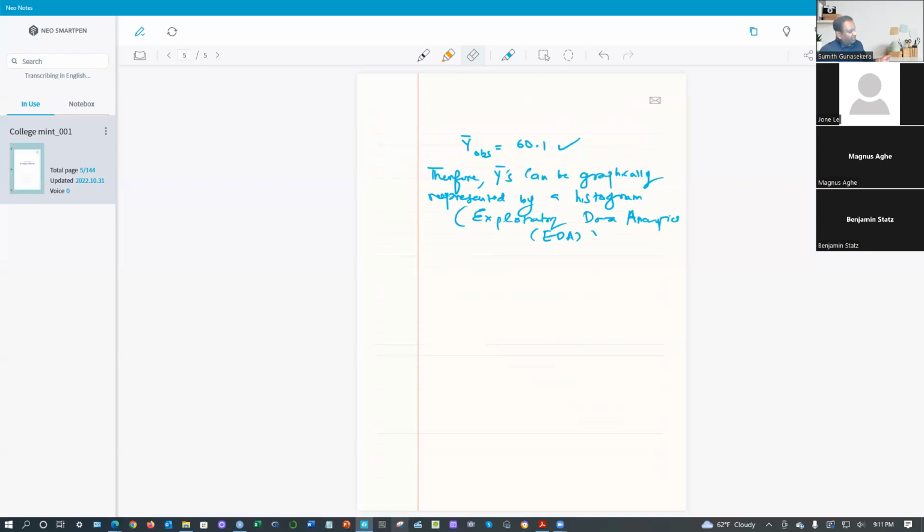For that, you can draw a histogram. Let's draw the histogram for y bars, not for y, not for thumb length. Y bar is nothing but average thumb length.